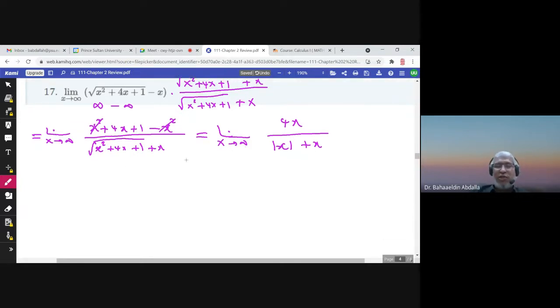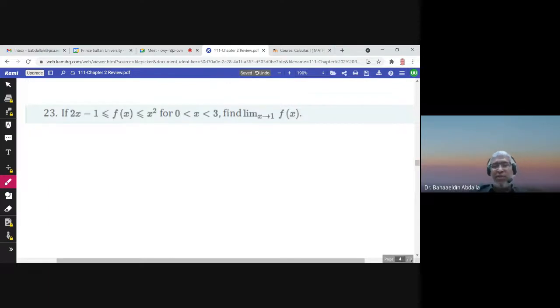But x goes to infinity. So absolute value of x would be equal to x if x is positive, which is the case here. So I'll have 4x and x plus x would be 2x. X cancels with x and 4 over 2 is 2, and that would be the limit.